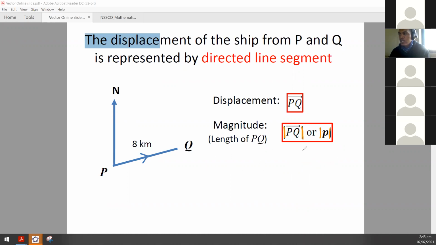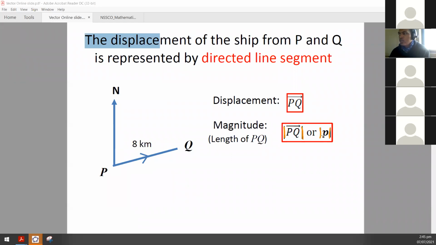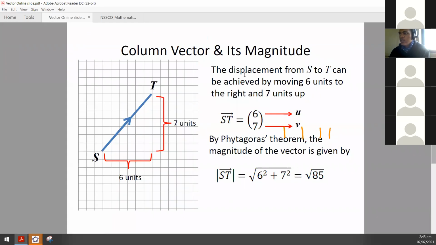So when we root it, our answer on the calculator normally comes up to a positive answer, and that is basically what we want. So that's how we would calculate a magnitude. And let's just see some examples in calculating a magnitude.